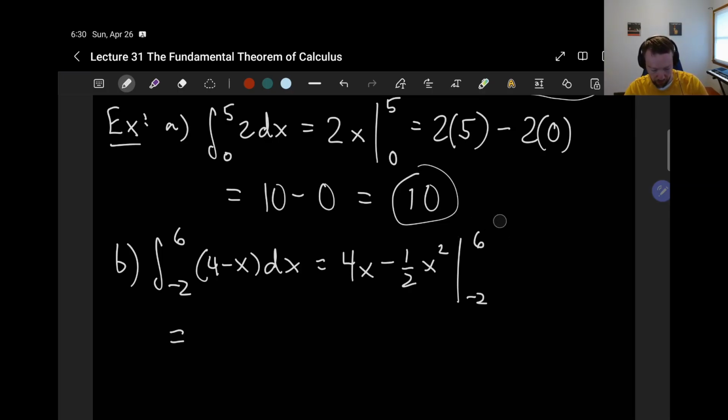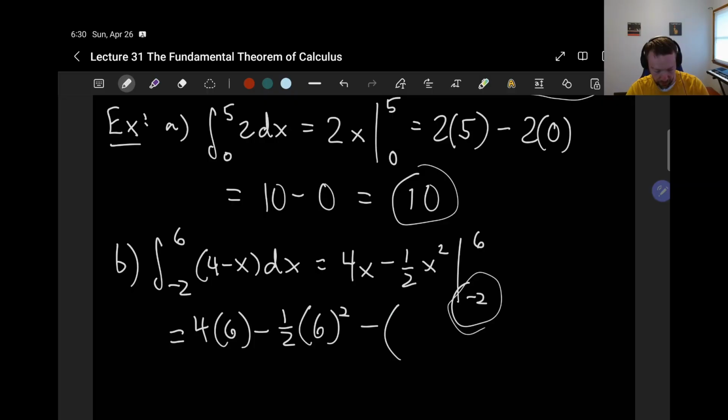So we plug in the upper limit, 6, then minus the whole thing, plugging in the lower limit. So be sure to use your parentheses.